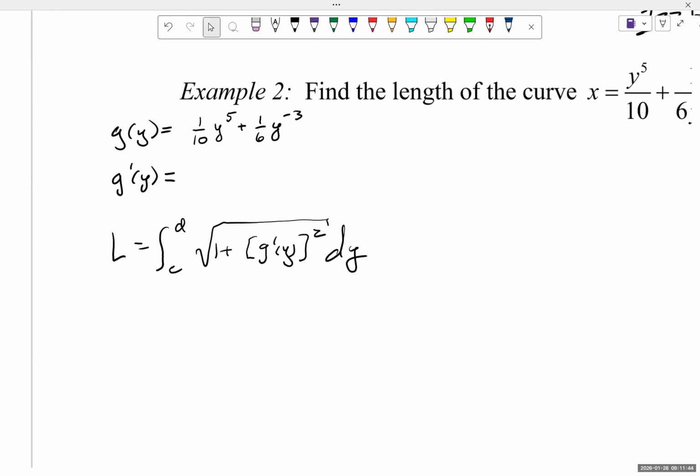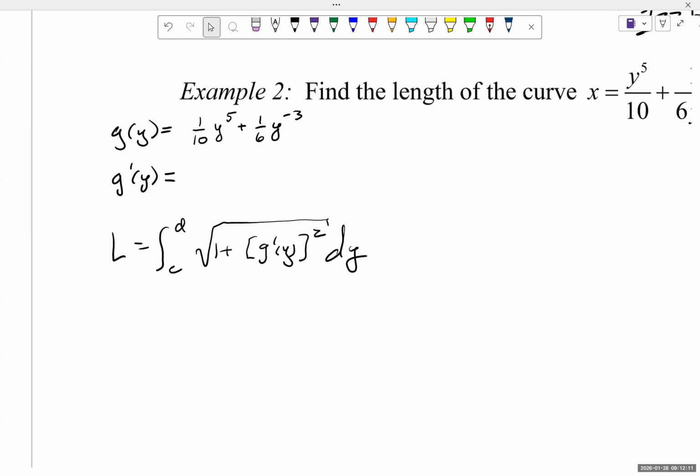Okay, so all that was spot on. G prime 1. Wait, y 4th.